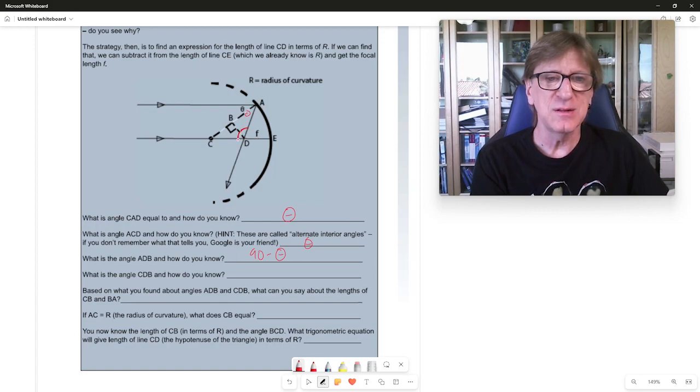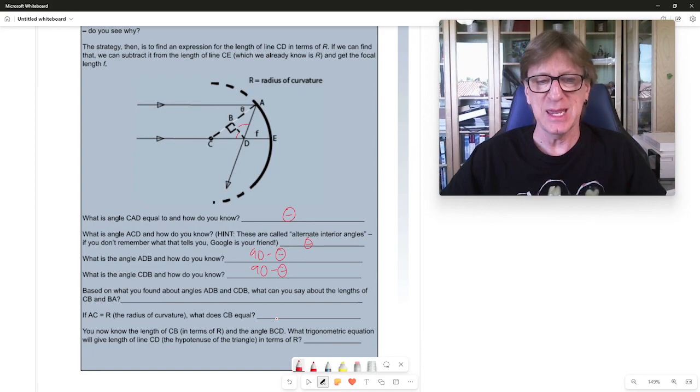That's this angle. Well, we decided that this is theta, right? Well, I've got another right triangle here, so this must also be 90 minus theta. So that's interesting right there. That immediately tells us that this angle and this angle must be the same. Do you see that? They're both 90 minus theta.